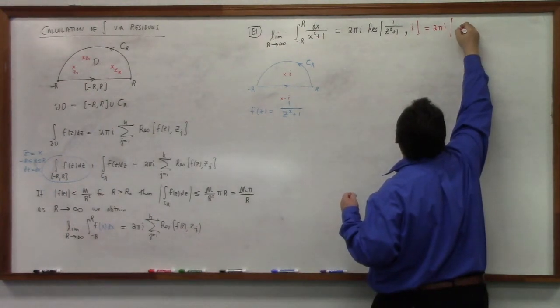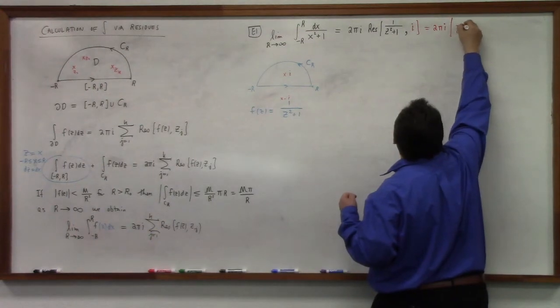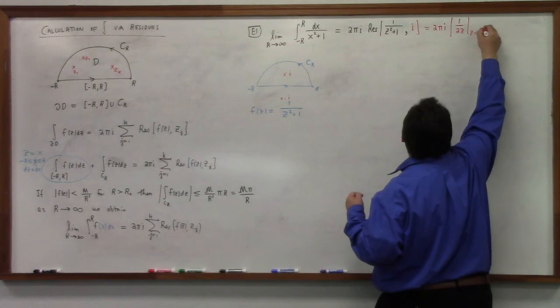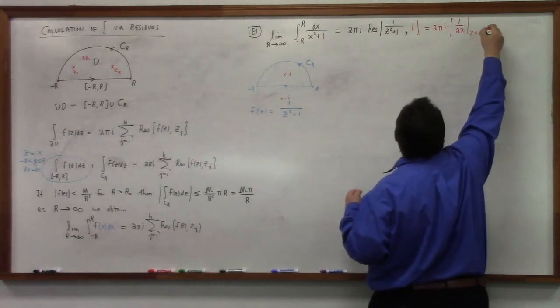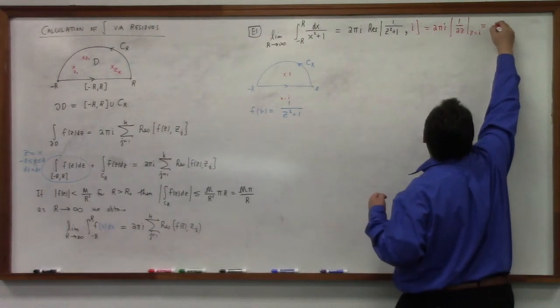So it's differentiate the denominator, which gives me 2z, and then evaluate at the singular point, which equals i. So I get 2 pi i over 2i, which is 2 pi. The 2's cancel, so we just get pi.